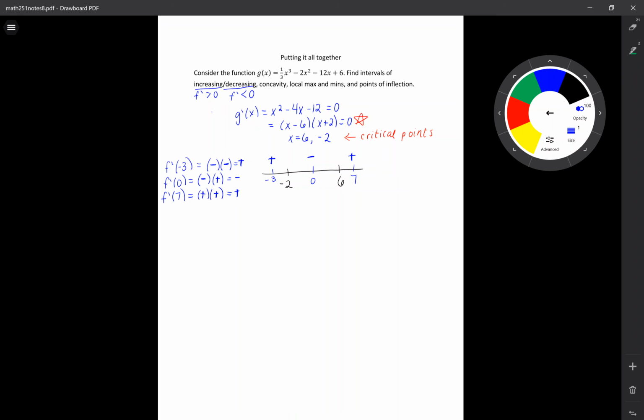This also helps us to find our points of local maxes and mins, right? Here on this positive interval, this means that our function is increasing, and then we're decreasing. And then here we go from decreasing to increasing. That means that at -2, this is a local max.